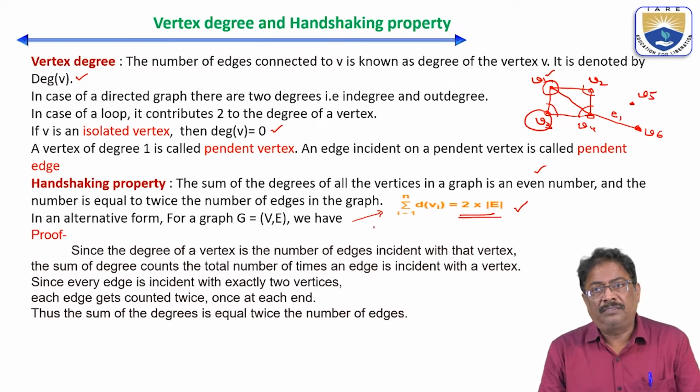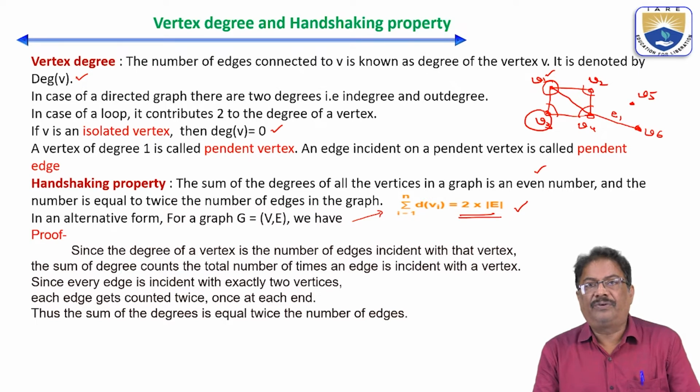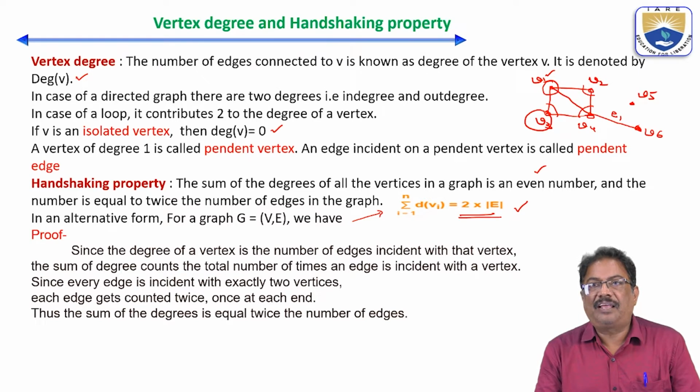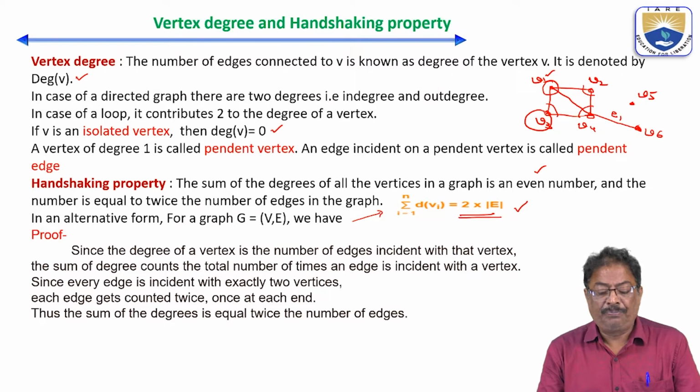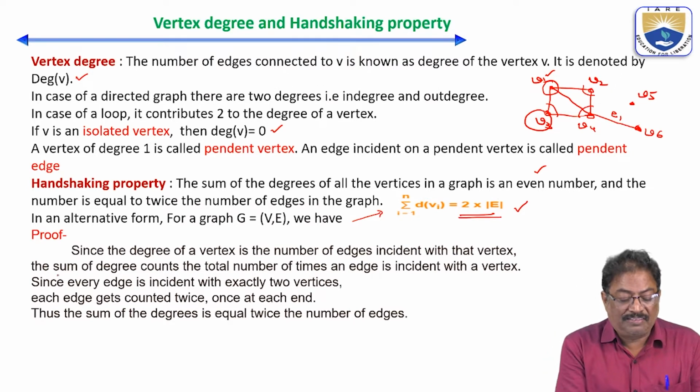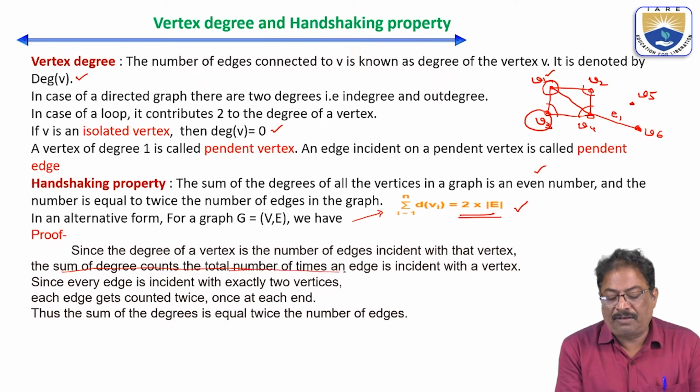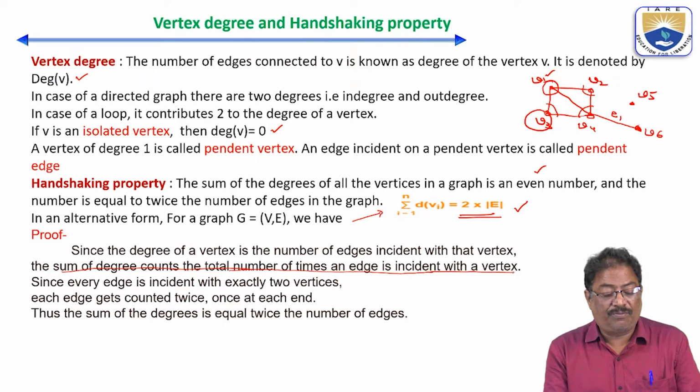The proof of this is very simple. Since the degree of a vertex is the number of edges incident to that vertex, the sum of the degrees counts the total number of times an edge is incident with a vertex.